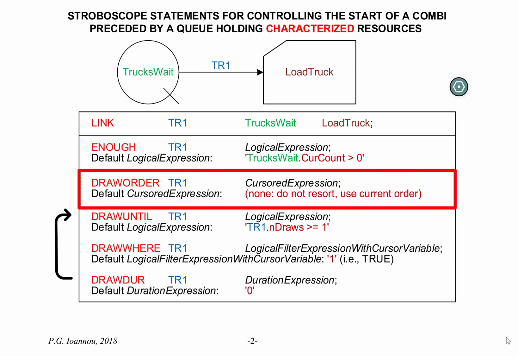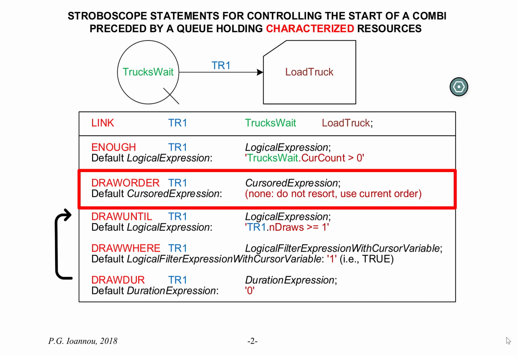The first of these statements, draw order, is not used very often. The purpose of statement draw order is to resort the resources in queue truck's weight in a different order. This is very similar to the discipline statement that also takes a cursor expression and rearranges all the resources in a queue according to that cursor expression.